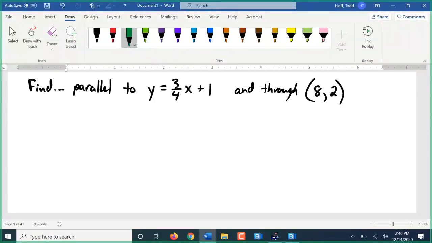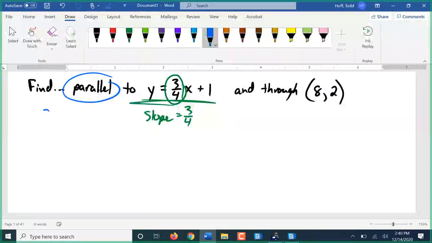Let's take a look here. So we know that from this equation, all we need is that the slope equals 3/4. That tells us the slope of the parallel is also 3/4. So our equation starts out y equals 3/4 x plus whatever b is going to become.